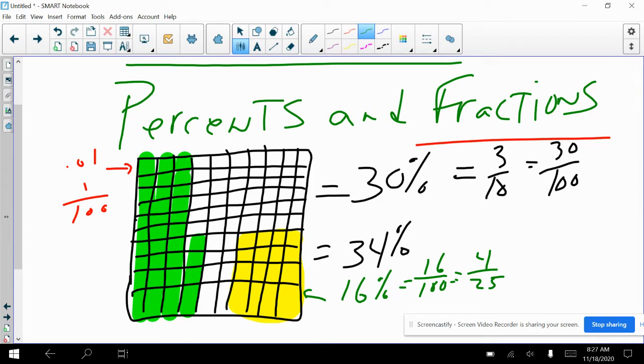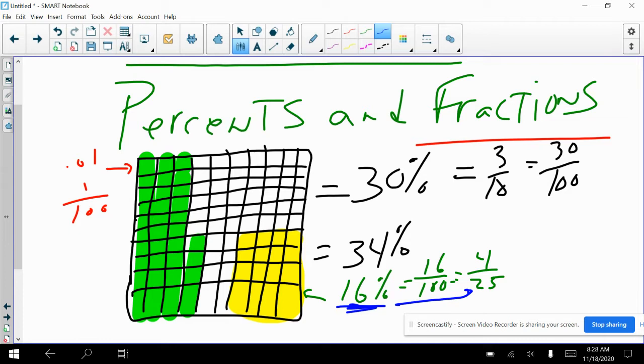So it sounds like we're doing well with the model here. 16% is the same thing as 4/25. Those are the two answers that you're going to have, not 16 over 100, because we already know fractions have to be put in lowest terms. That's a no-brainer. Pretty good with the model.